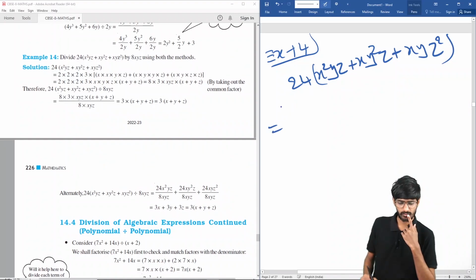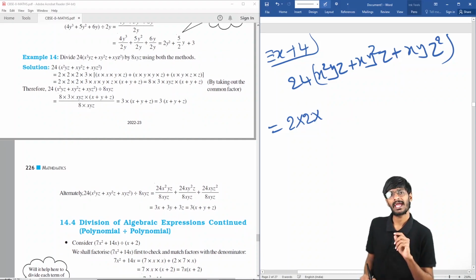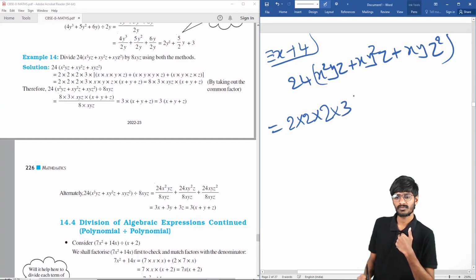That's why I'm writing 24 as 2 into 2 is 4, 4 into 2 is 8, 8 into 3 is 24, 3. And I am writing x square yz, xy square z, xyz square. So what we can do, friends, is that in every term there is xyz.